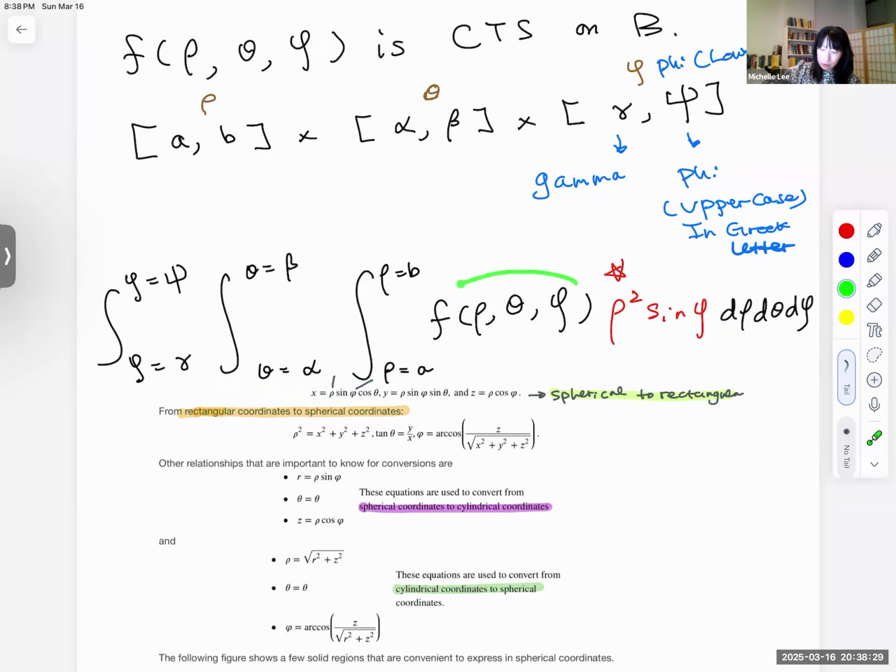So this is for a function continuous on the spherical box. And then, like r dz d theta, we add rho squared sine phi d rho d theta d phi. Make sense?